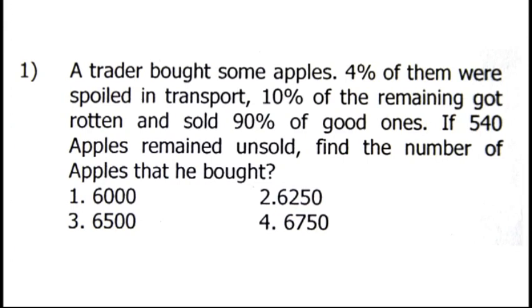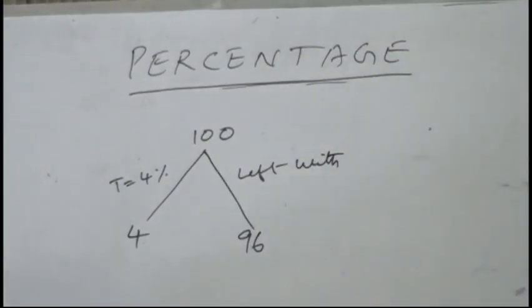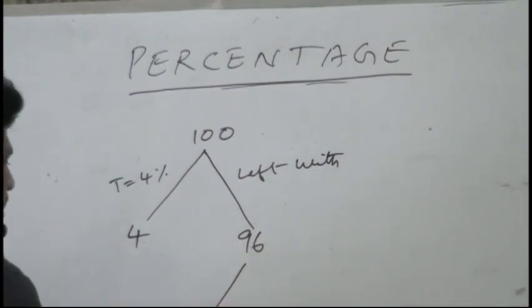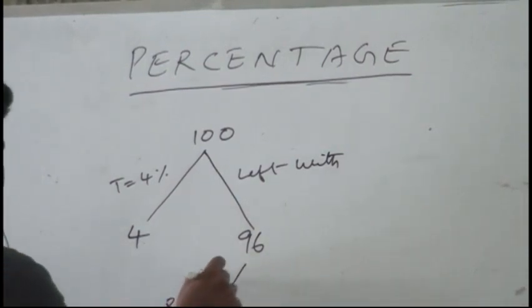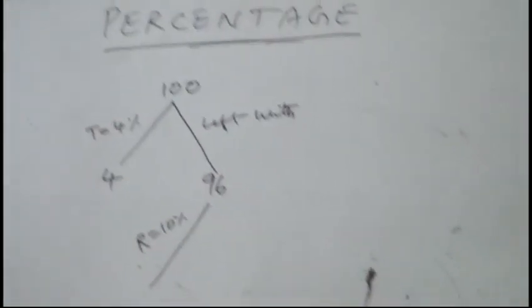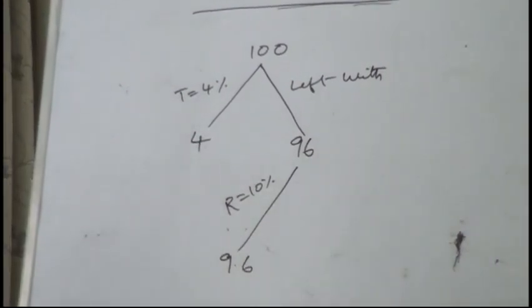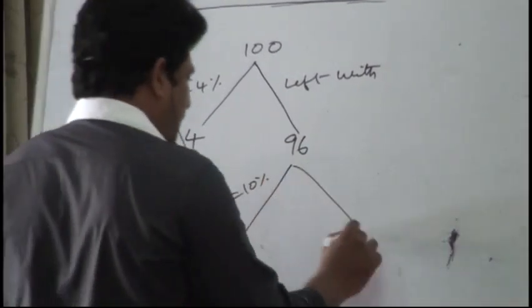If the 10% is on remaining, we calculate on 96. So what is it here? 96. Out of this 96, rotten. What percent got rotten? 10%. What is 10% of 96? 9.6 got rotten.